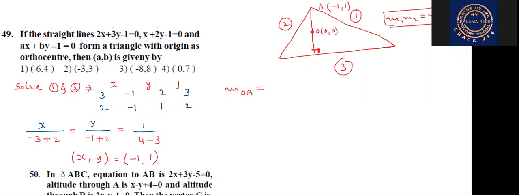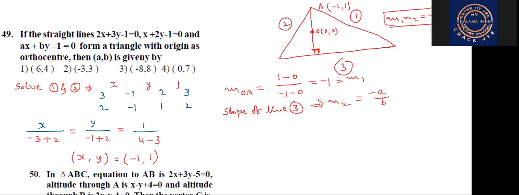So the slope of OA, m of OA, is y2 minus y1 by x2 minus x1, that is -1. Slope of line 3: I am taking this as M2 and that as M1. The slope of a line formula is minus x coefficient by y coefficient.